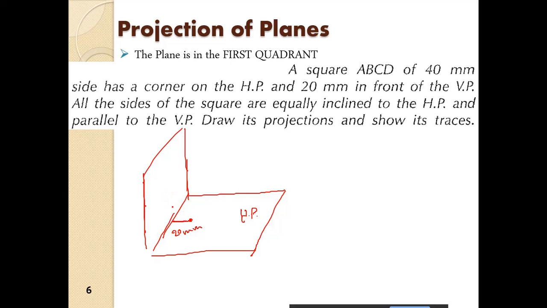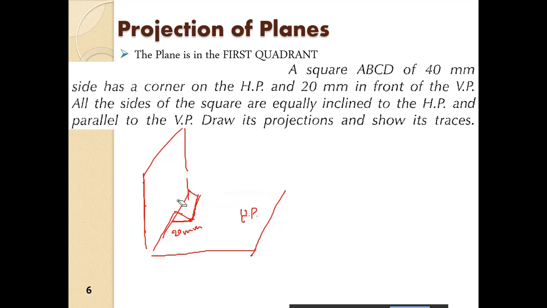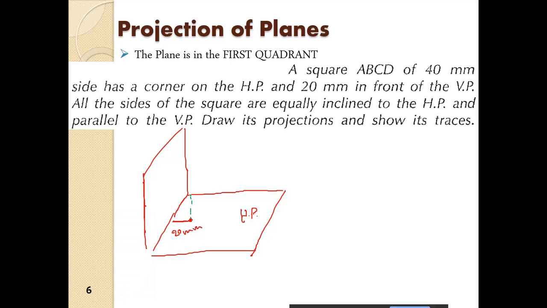So there is a square here in this manner, right? So the square stands in front of the vertical plane in this manner.